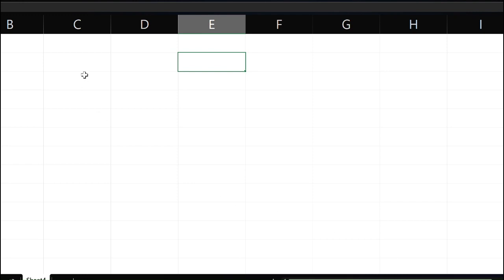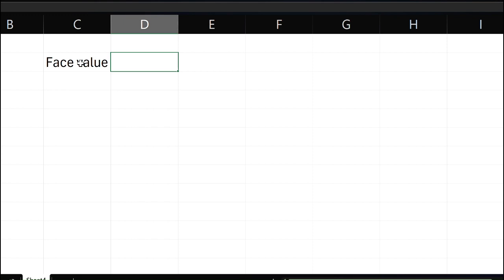Usually in bonds there is something called a face value, and there is something called a coupon rate.